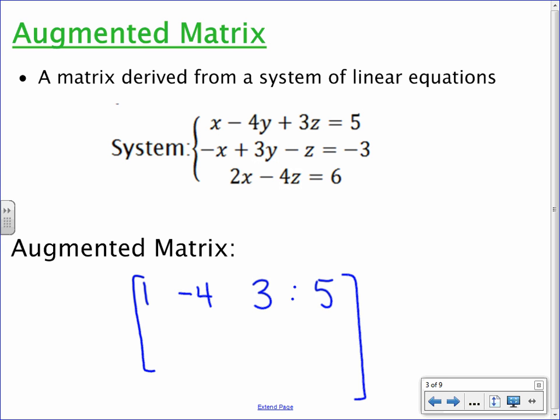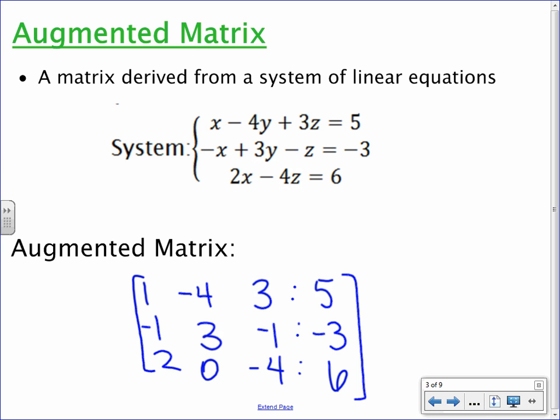For our second row, we take our second equation, coefficients -1, 3, -1, and then -3. What would our last row be? -4, 2, 0, -4, colon 6.